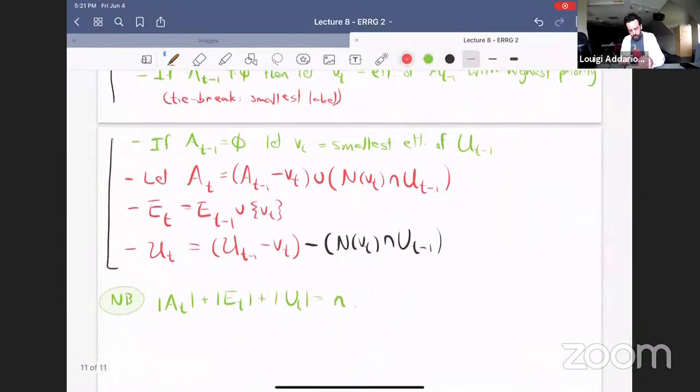But also we add exactly one element to E_t at each step, right? There's one vertex explored at each step. So this parameter is always t. So that also says that the number of active vertices plus the number of unexplored vertices is always equal to n minus t, if you like.